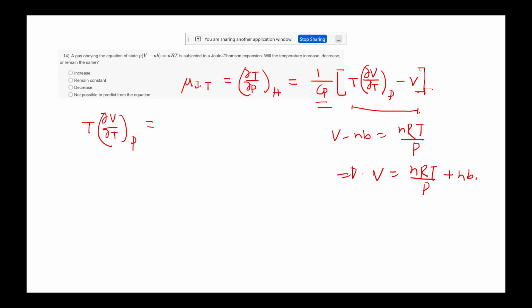Try this, okay? Just give some minutes and do the derivation.